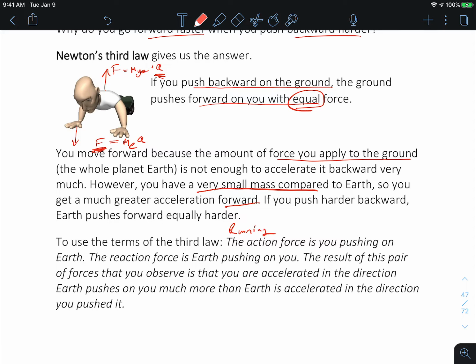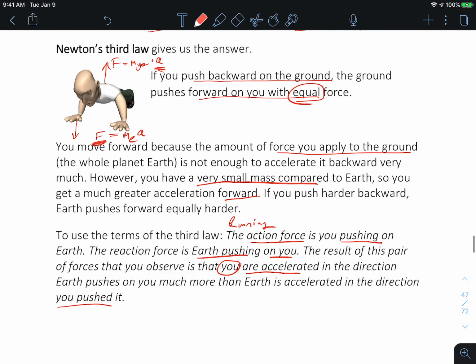The action force is you pushing on the Earth. The reaction force is Earth pushing on you. The result of this pair of forces is that you are accelerated in the direction the Earth pushes on you, much more than the Earth is accelerated in the direction you pushed it.